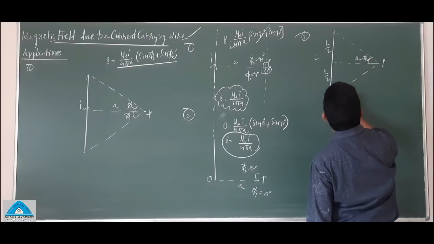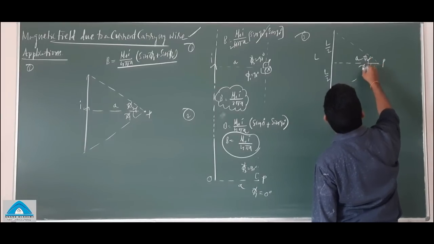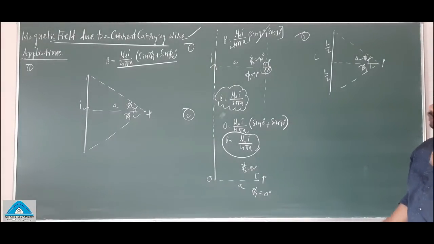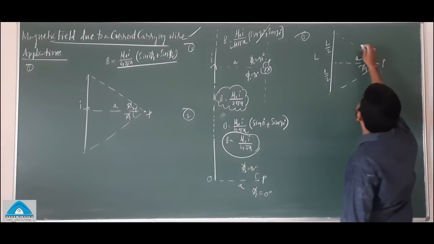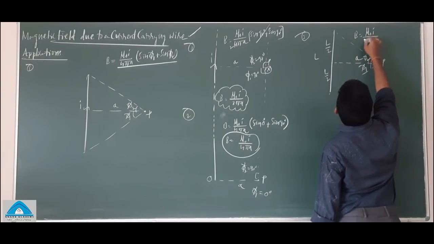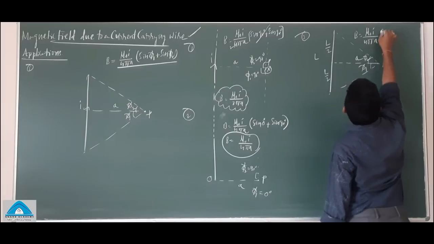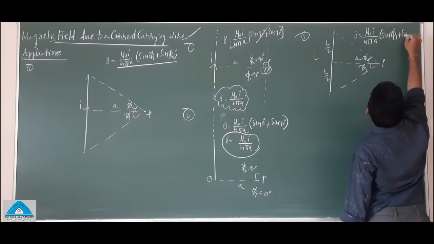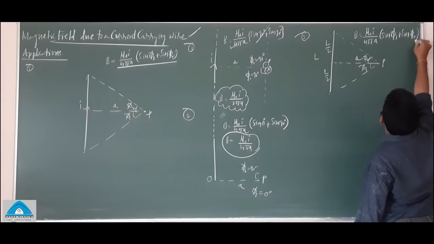From the bottom edge, point P is located at an angle phi 1. Right? Clear? So in this case, what is the magnetic field here? B is equal to mu naught I by 4 pi a into sine phi 1 plus sine phi 2.